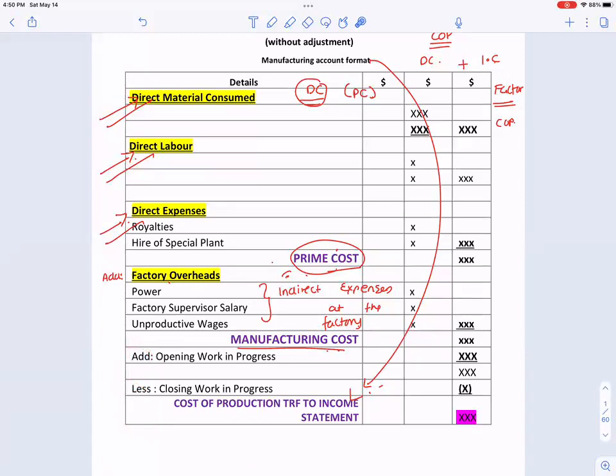Manufacturing account is made to find out the cost of production. But can you give me the format of the manufacturing account? Hassan, Battu, are you there? Format of manufacturing account.